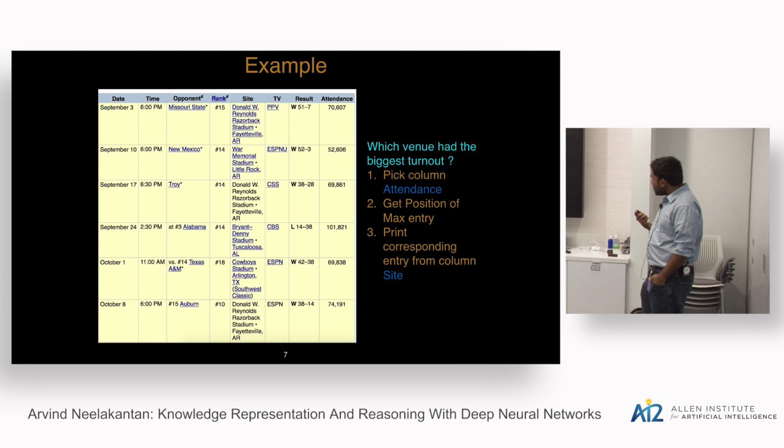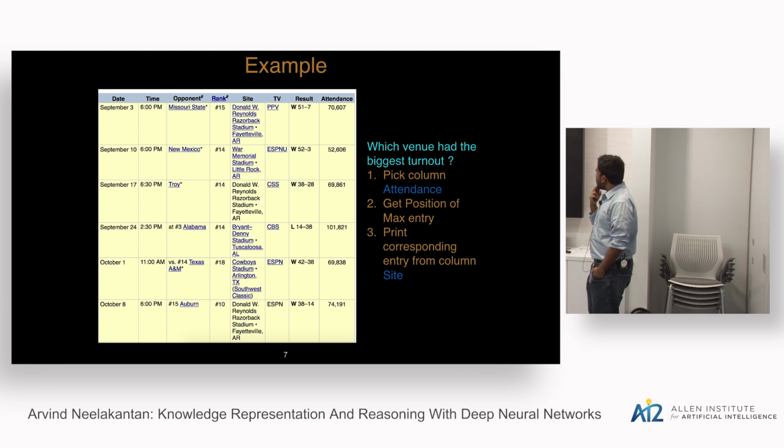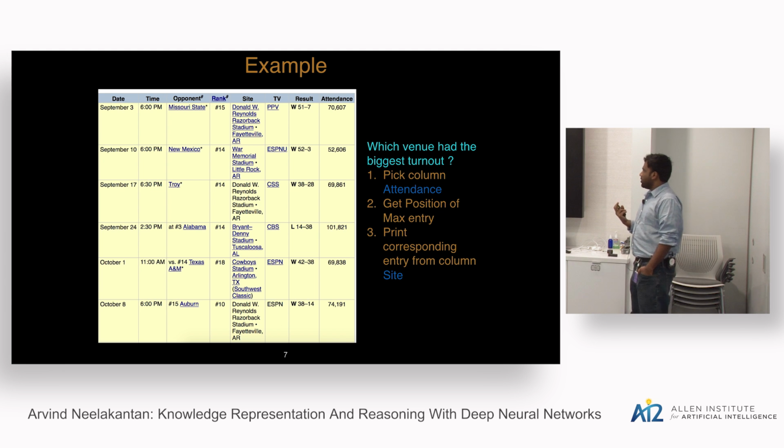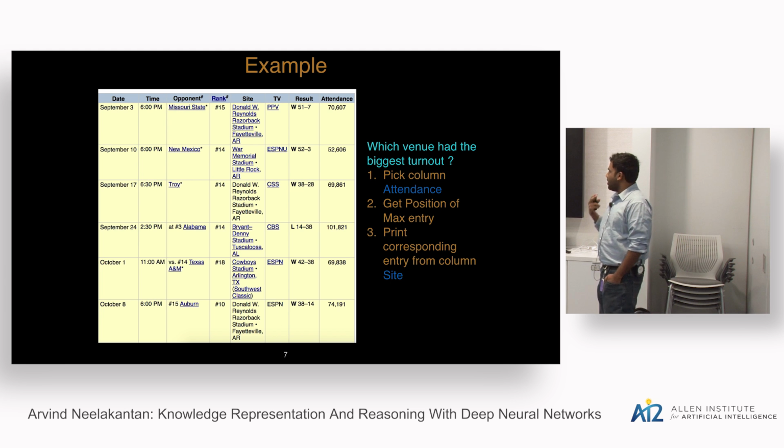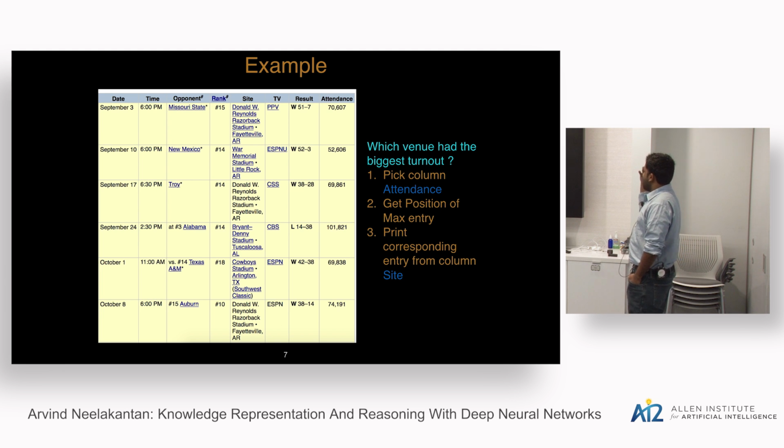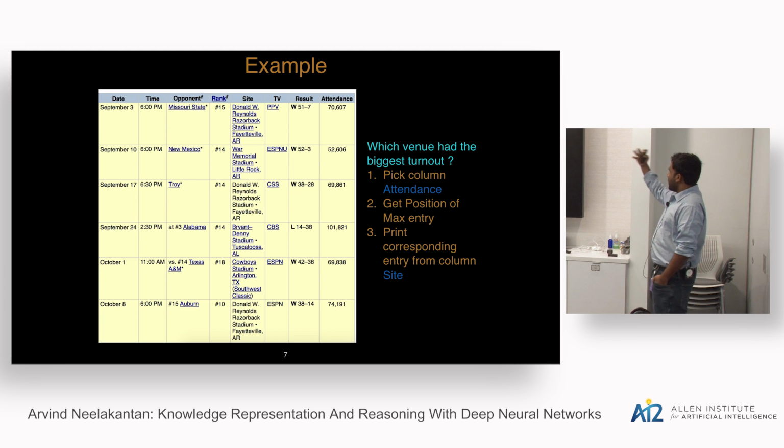If you think about what the system has to do, given a question like which venue had the biggest turnout, it has to pick the column attendance, and if you notice, the word attendance does not occur in the question. So this is some kind of symbol grounding that's challenging. Then it has to perform a discrete operation of getting the position of the maximum entry, and then it goes back and prints the corresponding entry from column side. Okay.